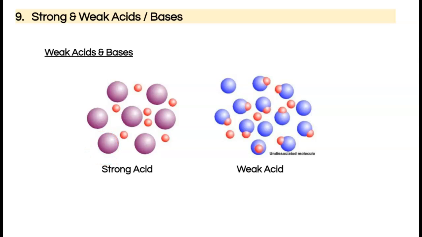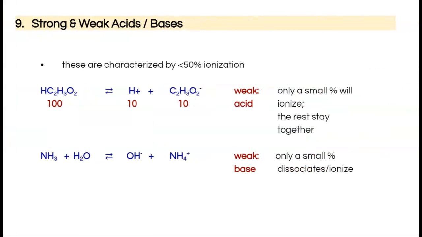In a weak acid, we would see, although some of the protons would have dissociated and be present in solution, a good proportion of the original acid would remain undissociated. So let's look at that. So weak acids or bases are characterized by a less than 50% ionization.